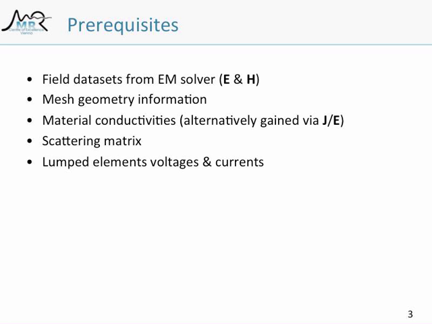Alternatively, you don't even need those, because you can get them by dividing the current density from the simulation by the electric field, and then you've got your tissue conductivities, for example. You get the scattering matrix out of your simulation, and you can also get the voltages and currents through all the lumped elements that you have in your simulation.